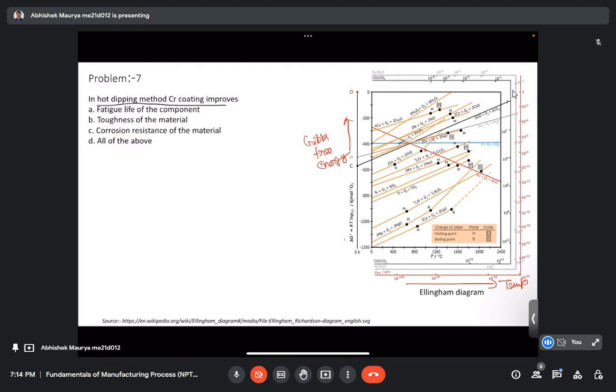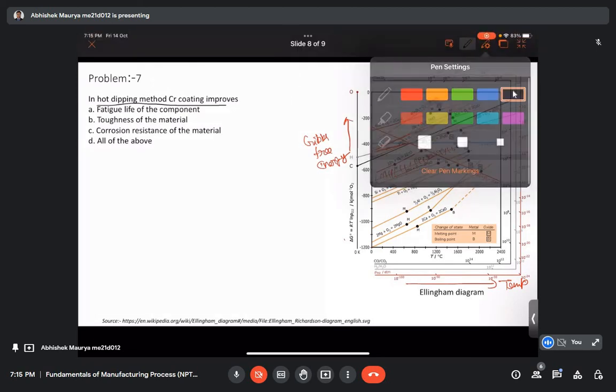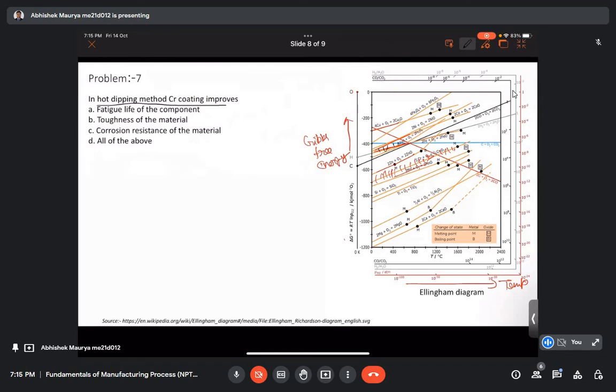For different materials here, we have copper, ferrous material, zinc, manganese, and this one is for chromium. This is the chromium line, and I will draw the iron line somewhere here. That is the line for iron.